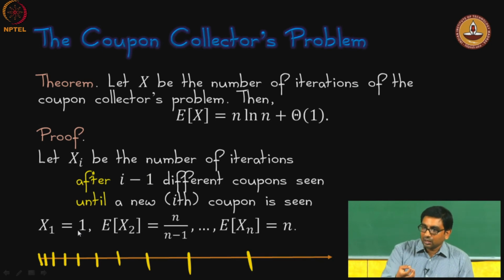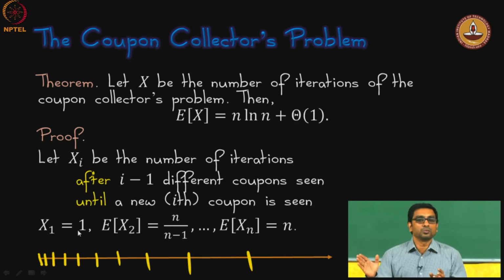The second time, at this point in time, you have seen one coupon, and there are n minus 1 coupons that you have not seen. Now you ask, how many times should I buy before I see one more new coupon? That is going to be your x 2. So, what is the expectation of x 2?